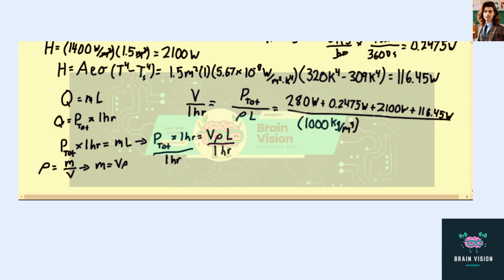That's the density of water, times our latent heat of vaporization constant, 2.42 times 10 to the 6 joules per kilogram.